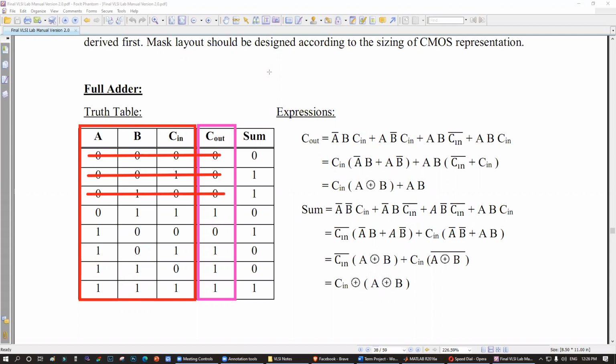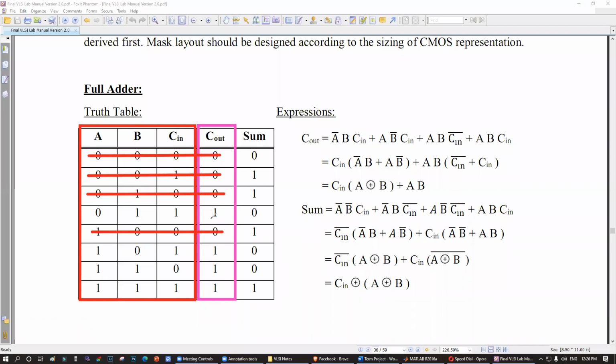We will only consider 1. We do not consider 0. So this one will be 0 as well, and this one will be discounted as well. So only 4 lines will be counted.